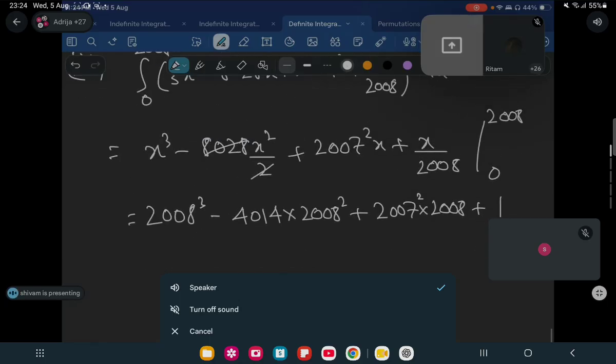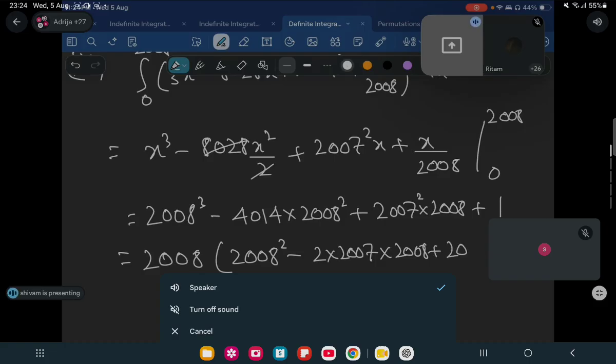Okay, from here if I take 2008 common, what do we get? We'll get 2008 square minus 4014. 4014 is 2 into 2007, into 2008 plus 2007 square.